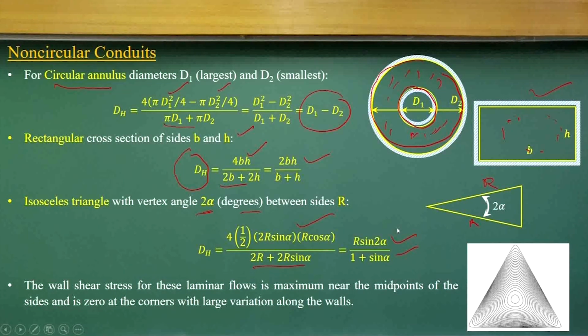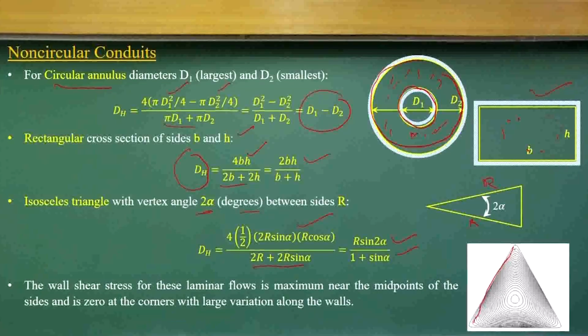Now, let us come back to non-circular pipes, like a pipe of triangular shape. In this case, if you have laminar flow, the wall shear stress will be maximum near the midpoint of the sides, and will be 0 at this point, 0 at this point.